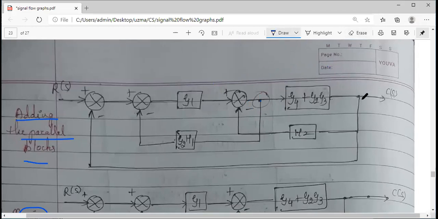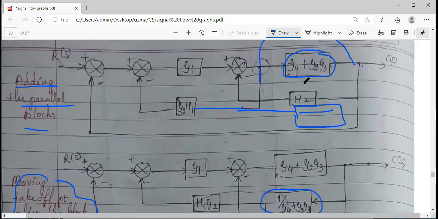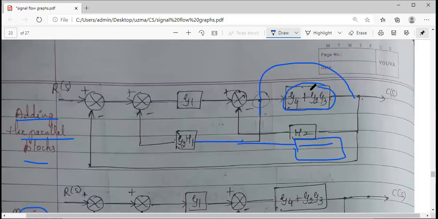If I do that after the block, in the path, whatever this line is, you have to take one more block. What should be entered here? When I move this takeoff point after the block, whatever gain value you encounter in between the path, you have to take its reciprocal, 1 divided by this block.